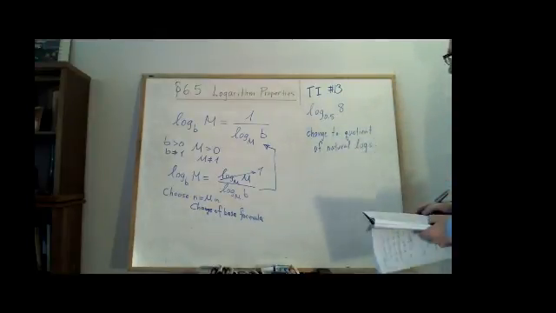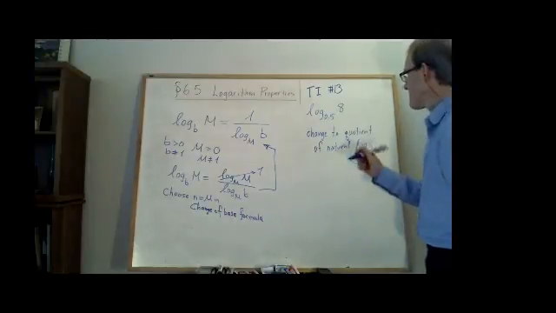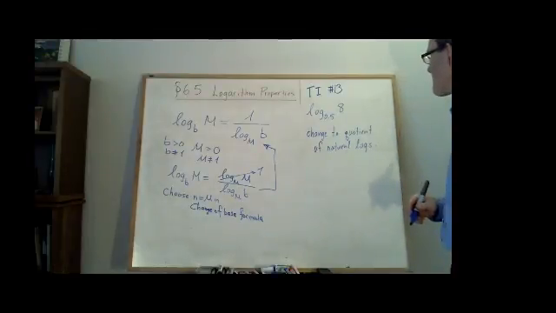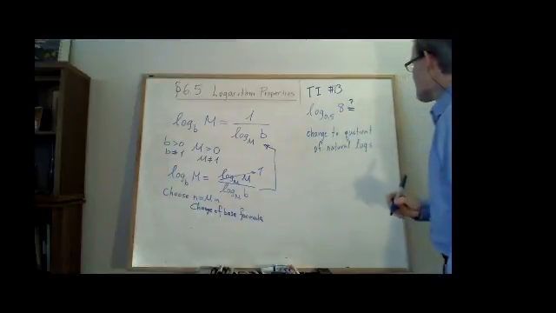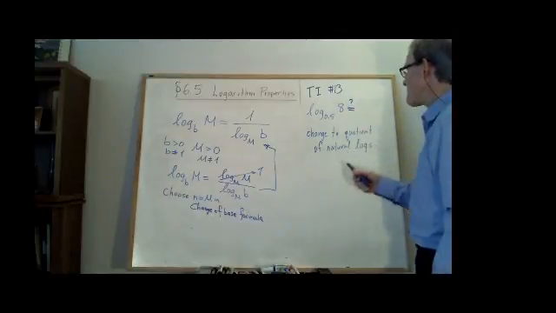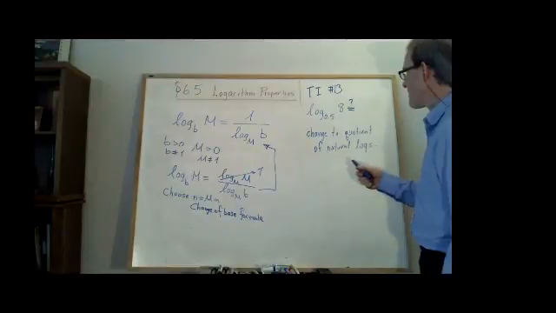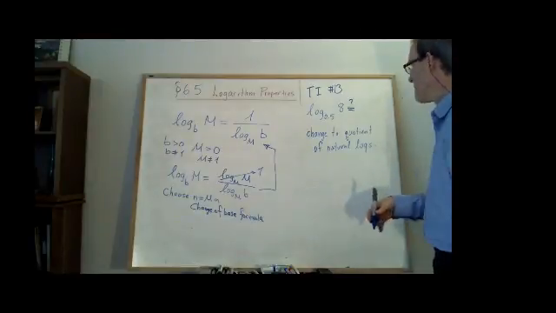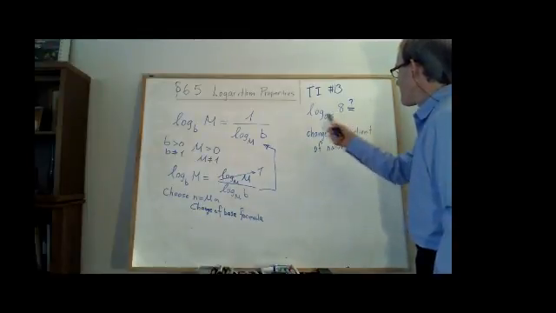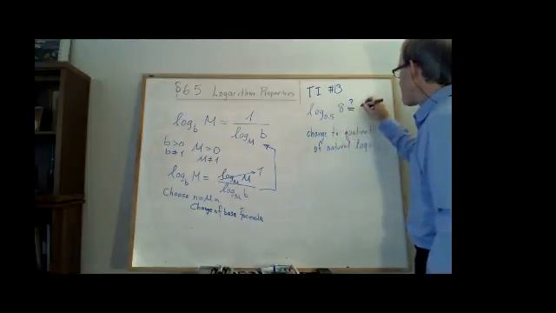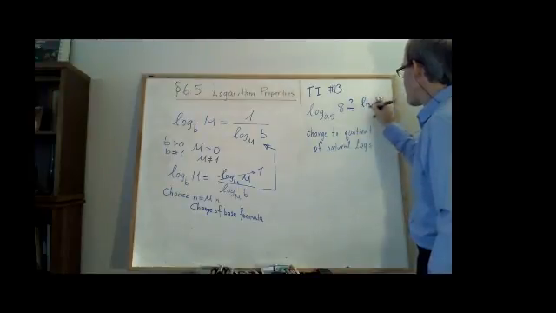Okay, so what is this question asking us to do? Well, change to a quotient of natural logs suggests using the change of base formula, where you introduce the new base e to get natural logarithms. So the log base 0.5 of 8 is equal to the natural logarithm of 8 divided by the natural logarithm of 0.5.